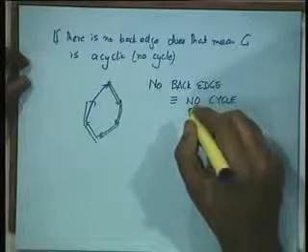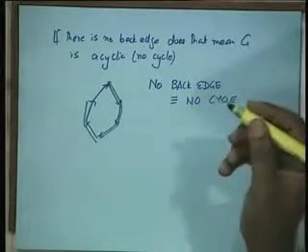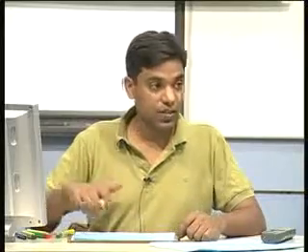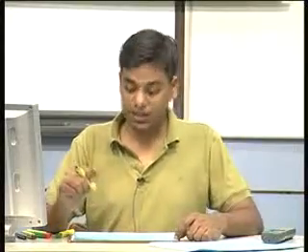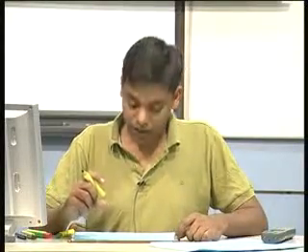Of course. This is a directed graph, right? A cycle means a path, and it is very clearly specified in a directed graph. A path means you can go from one vertex to the next. Think of them as one-way streets, right? So, a cycle would mean only if you can traverse in such a manner that you can reach the starting point. Great. So, no back edge means no cycle.